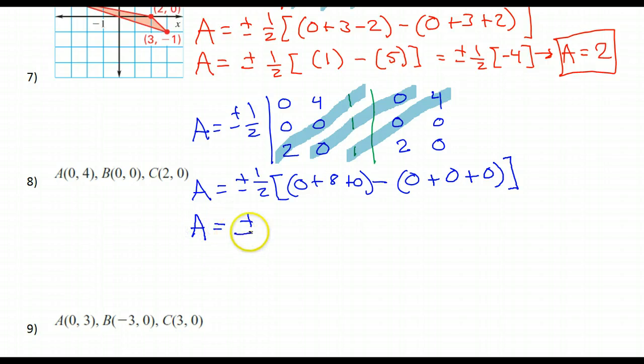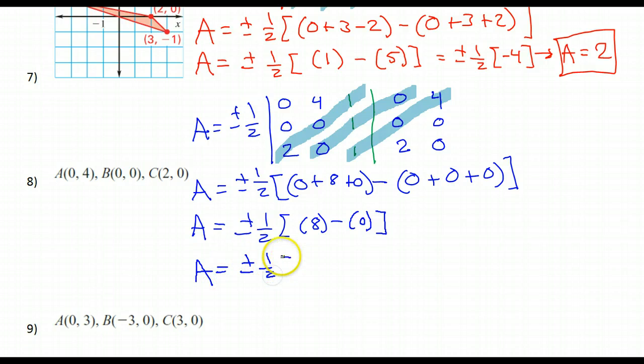So the area is going to be plus or minus 1/2, and this is just 8 minus 0. Okay, so the area, half of 8 is 4.